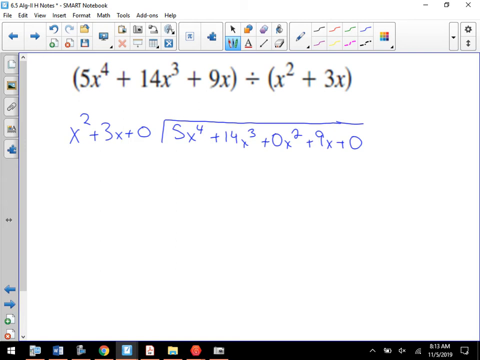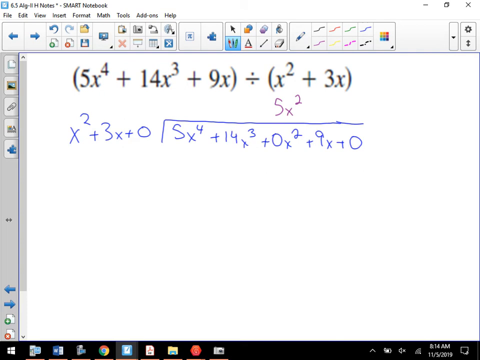Okay. So, what do you multiply x squared by to turn it into 5x to the 4th? 5x squared, right? I'm going to put that over the x squared. Now, another thing you'll notice is that by putting it over the x squared, there's 3 parts here because there are 3 parts here.